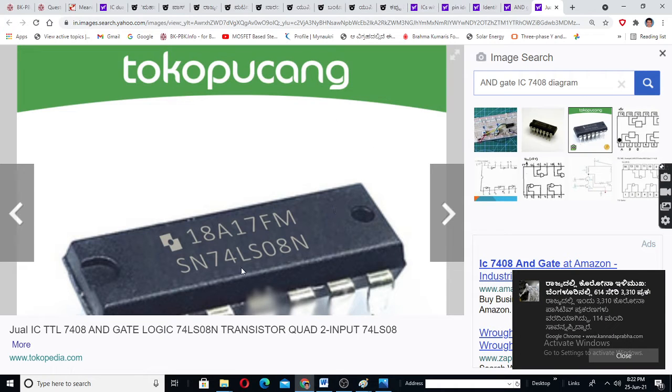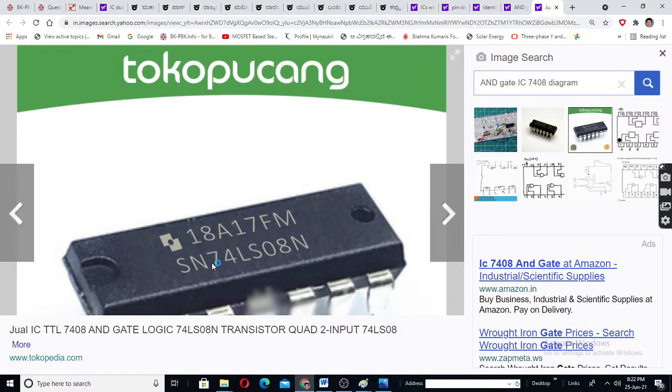Just ignore the other numbers. See here, 7408. L means low power. N and SN have other details that I am not going to discuss now. Okay, see here, there is a notch here. Sometimes a circle is provided here. This circle is to be ignored.